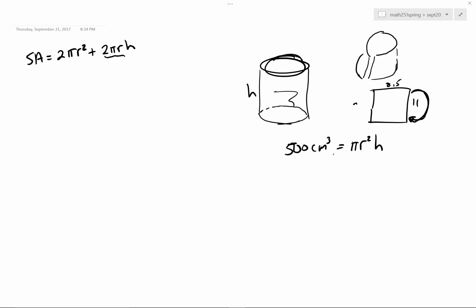Now, since I would like to minimize surface area, I need to get rid of one of the variables. And again, h is probably the easiest one to get rid of. Right? So surface area, function of r only, 2 pi r squared plus 2 pi r h.